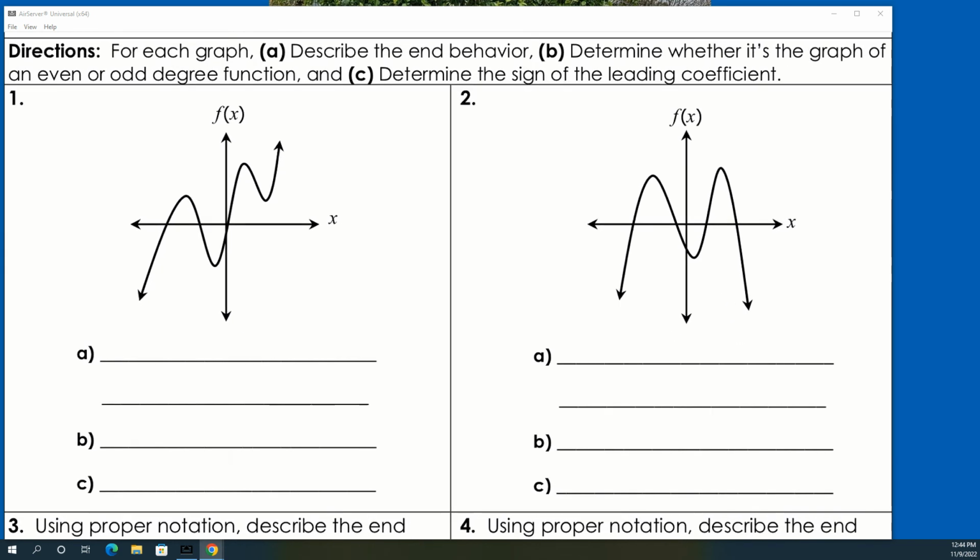So number 1 wants us to do 3 things. A says describe the end behavior. So what they want is for you to say as x approaches negative infinity, f of x approaches, and as x approaches positive infinity, f of x approaches.